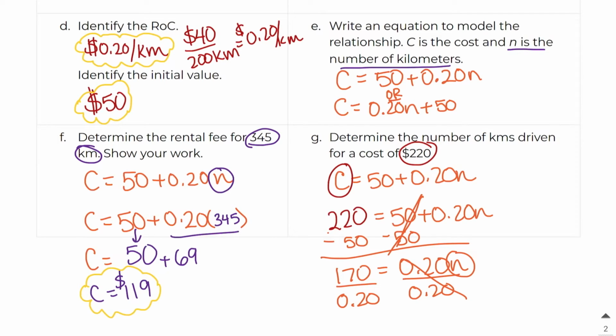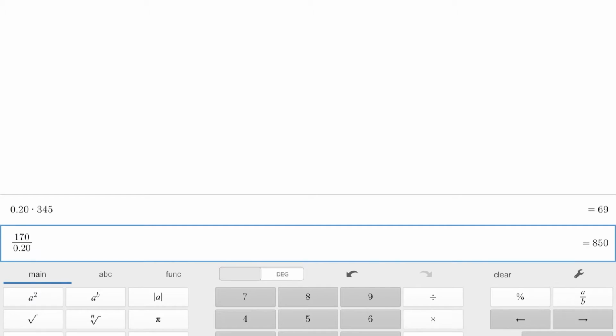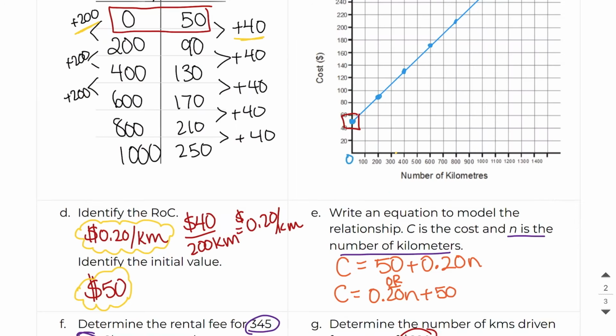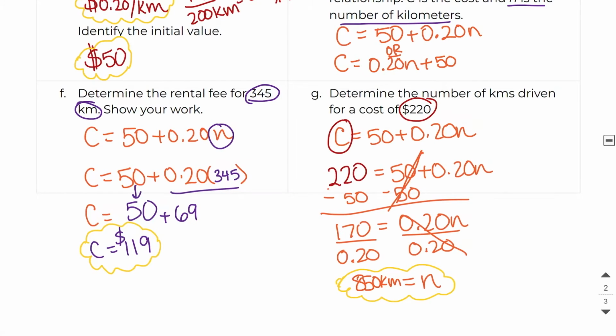So I would end up getting n equals, when I divide 170 by 0.20, this is what we get, 850 kilometers. So here we can say n equals 850 kilometers. Let's see if this answer makes sense. So I would go to approximately 220 on my graph right here and see where that goes down to kilometers, and we end up getting about halfway between 800 and 900, so it would be 850 kilometers. Awesome. And that's it for this example.